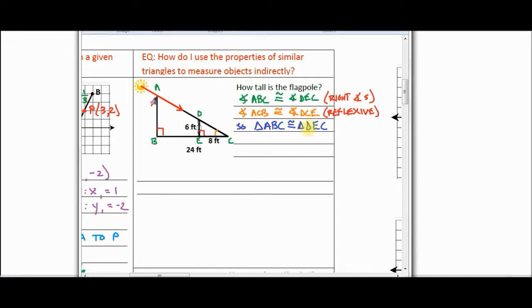So we know these two triangles are similar, and they're similar by the AA similarity theorem.